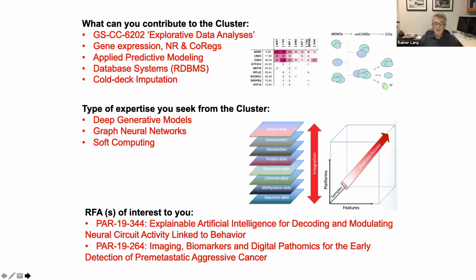RFA, I mentioned here too. I'm not affiliated or part of either of these two, but for the decoding and modulating of neural circuit activity linked to behavior, I consulted a group here at Baylor that analyzed quite extensive data from people that have committed or tried to commit suicide or expressed wanting to kill themselves.